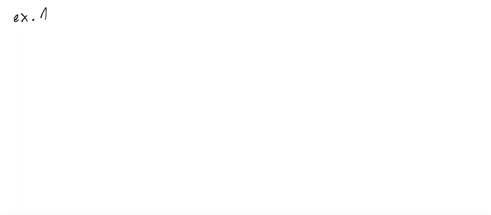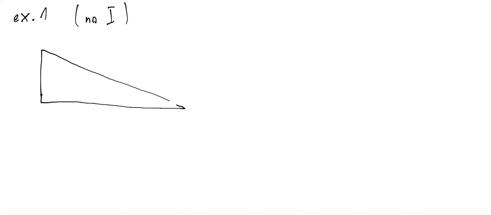Our exercise is exercise 1. Don't take into account the moment of inertia at this moment, okay? So no moment of inertia. So we have a simple situation. We have a simple slope of given height. And at the top we have a cylinder.